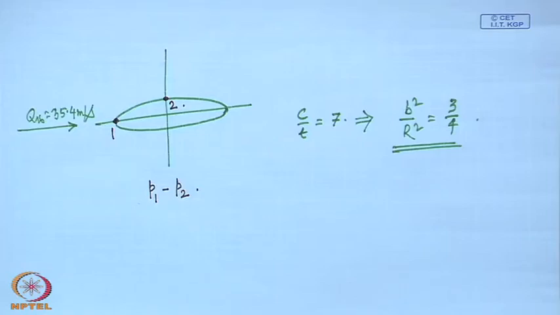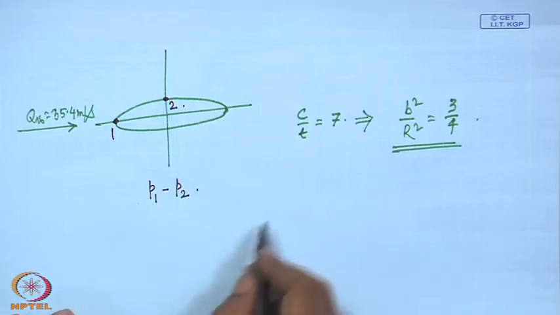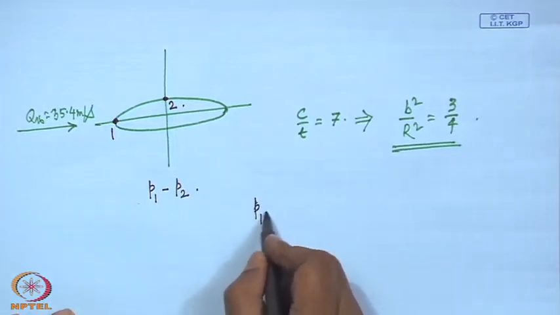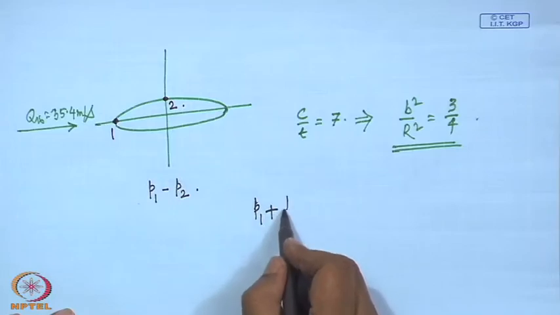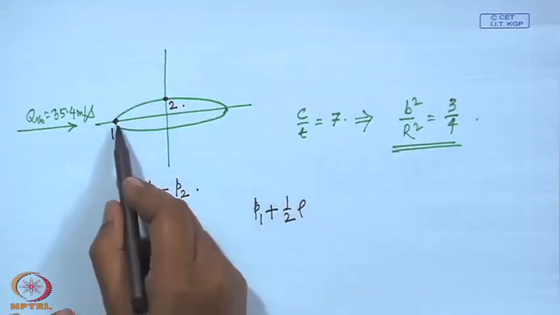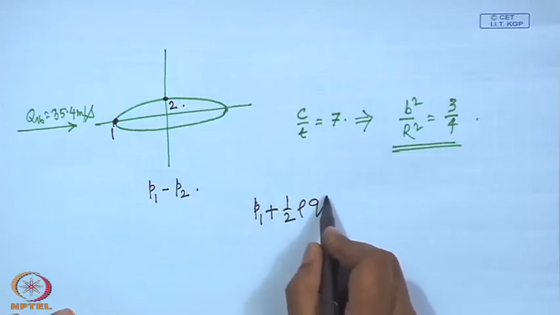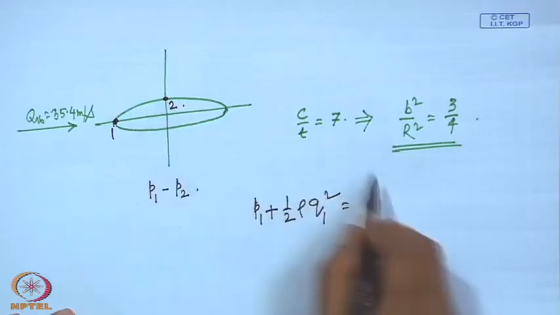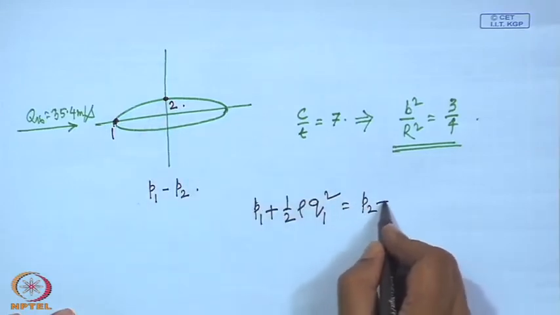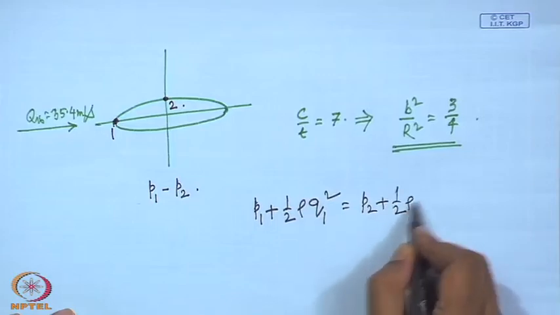So, Bernoulli's equation applies everywhere. In the simplest form, we have P 1 plus half rho q 1 square, and here it is P 2 plus half rho q 2 square.